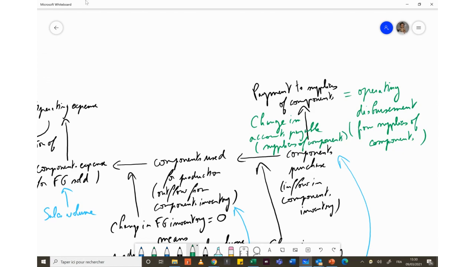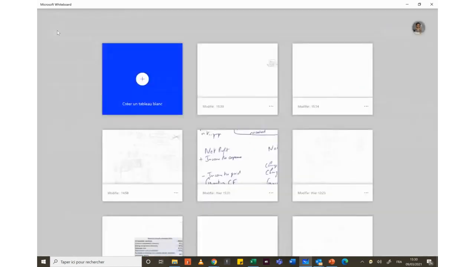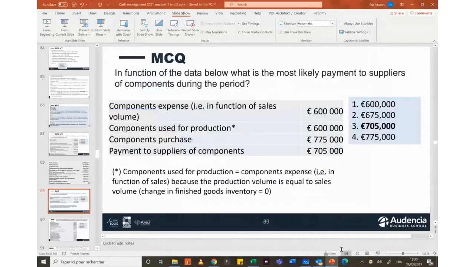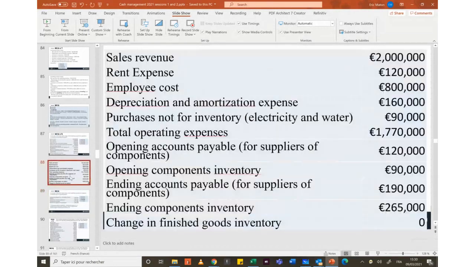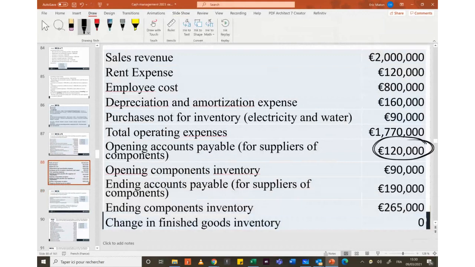So if we don't pay all we purchase during the period, it's because we increase the accounts payable. If we pay more than what we purchase during the period, it's because we decrease the accounts payable. We start with 120,000. We finish with 190,000. So we increase by 70,000. So it means we pay 70,000 less than what we purchase.